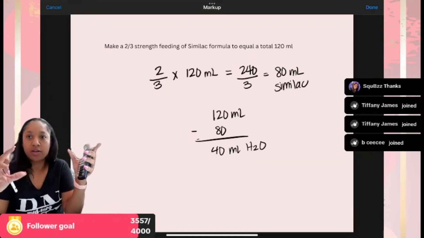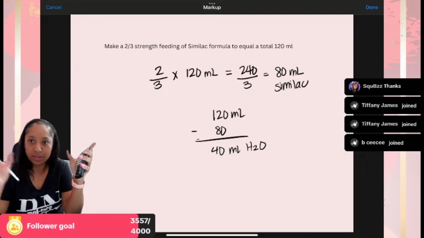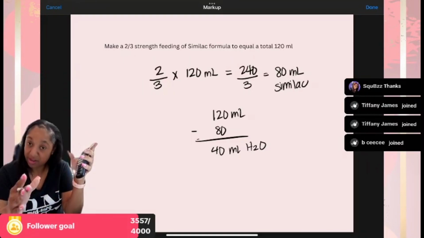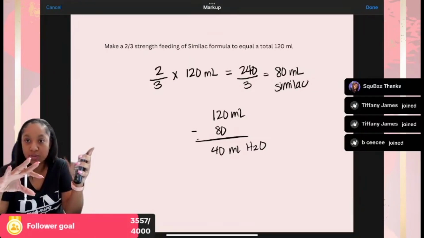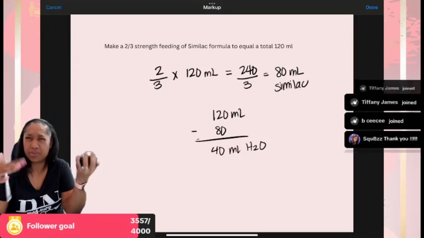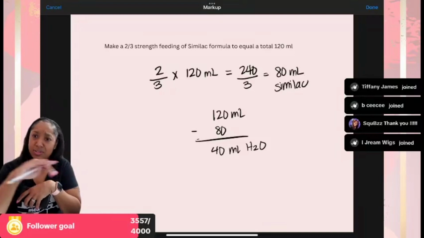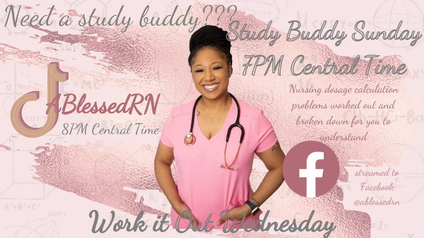You want 2/3 of it Similac and 1/3 of it water. So you just take your fraction and multiply it times your total amount, and then you subtract that from the total given amount, and that'll give you how much water you need to add.